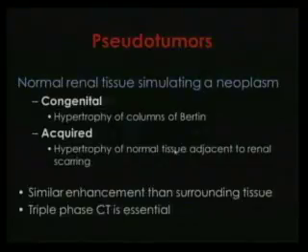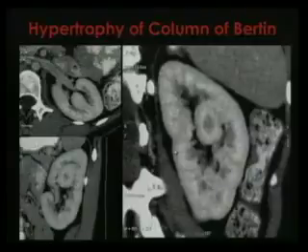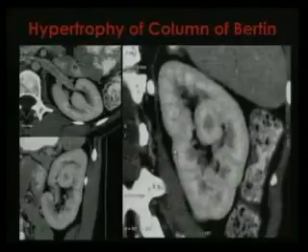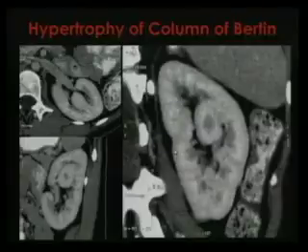One of these is hypertrophy of the columns of Bertin. That's congenital. Acquired can be hypertrophy of normal tissue adjacent to an atrophic kidney or to a scar, and I will show you an example later. What is this? These are 3 planes of the left kidney, axial, sagittal, and coronal, showing hypertrophy of the column of Bertin.